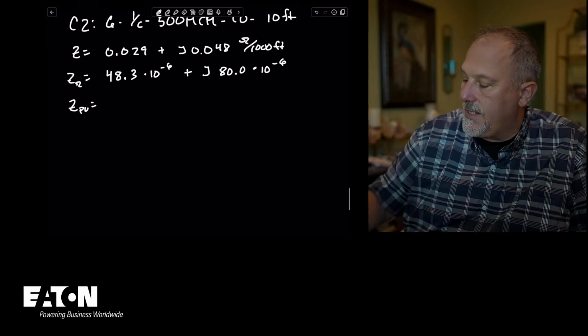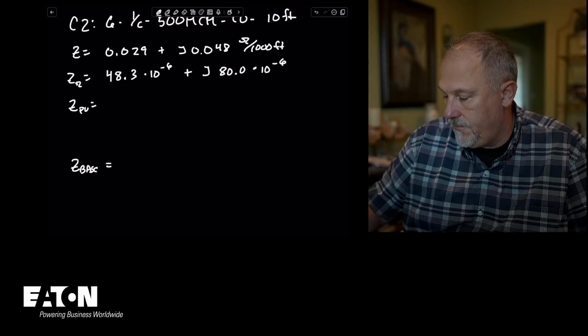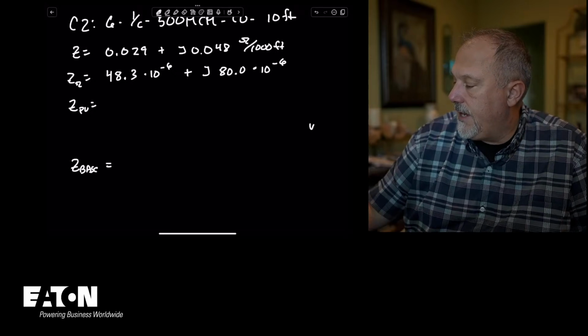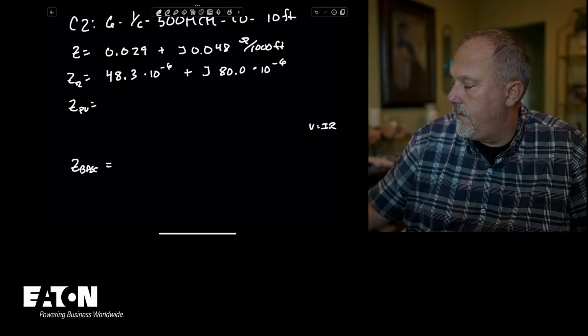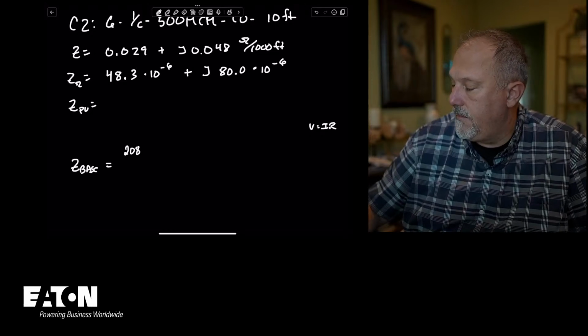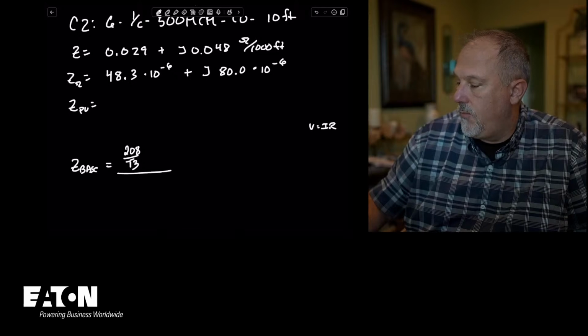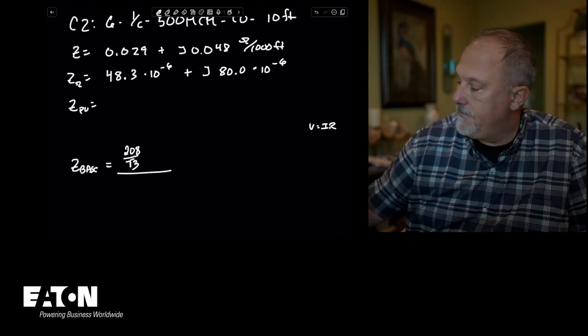Now remember, what is our Z base? Z base is equal to, remember, V is equal to IR. So we take voltage, this is 208 divided by square root of 3, and we divide that by I, which is the full load amps on the secondary.